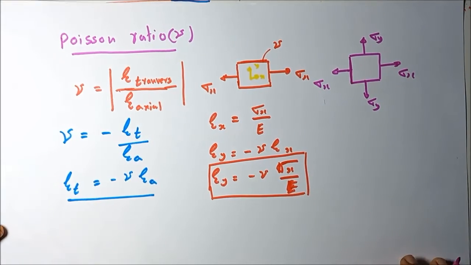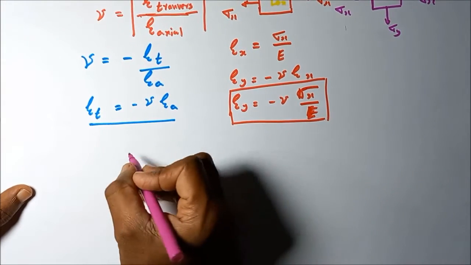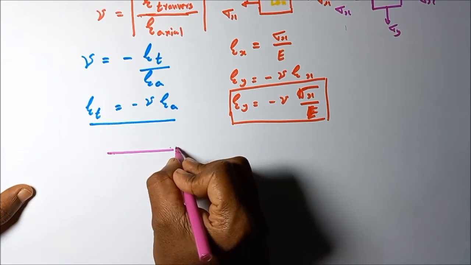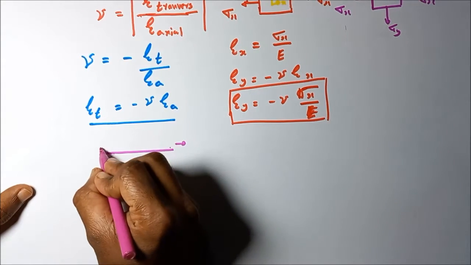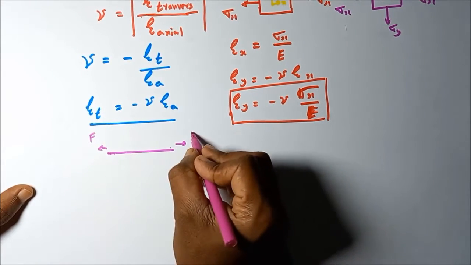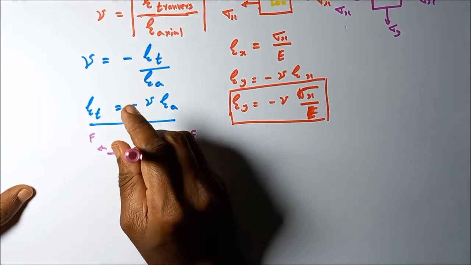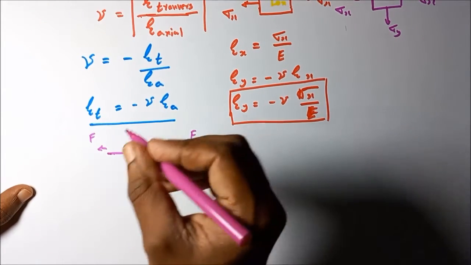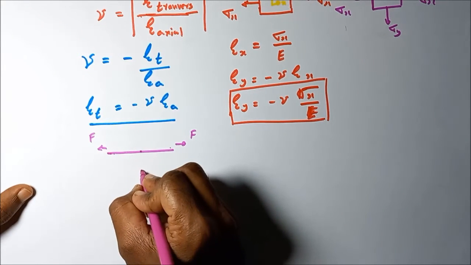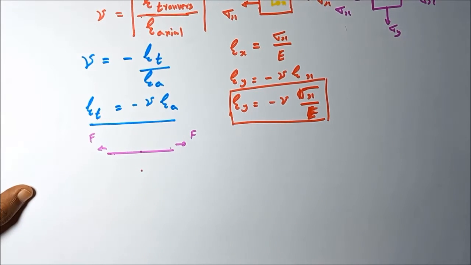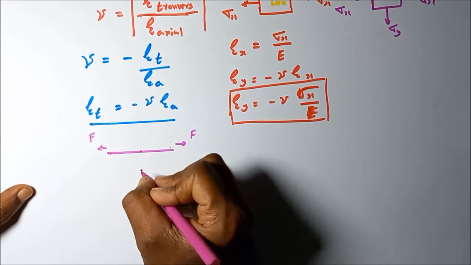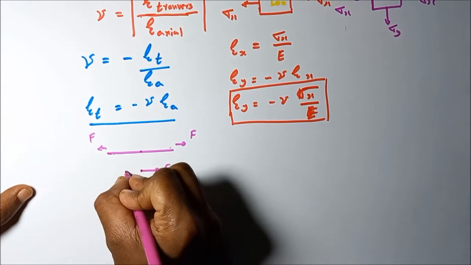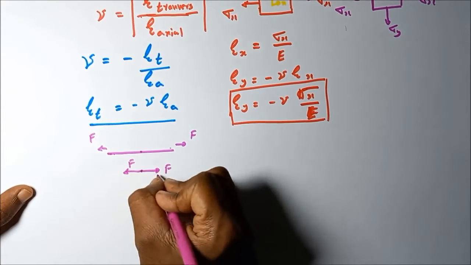Why are these two equal? Let me explain that also. Let's take a rope, and apply a certain force in this direction and a force in the opposite direction. These two forces are equal. If we take a certain point on this rope, the forces acting on this point are equal and opposite.